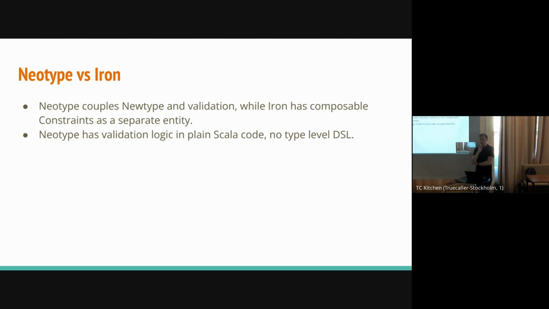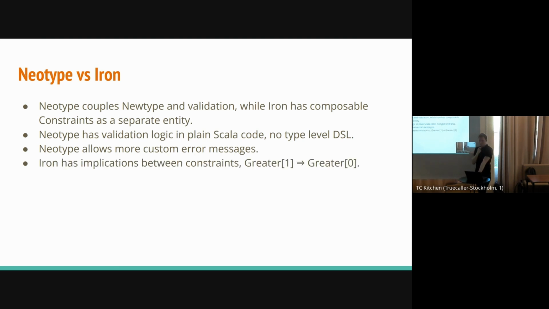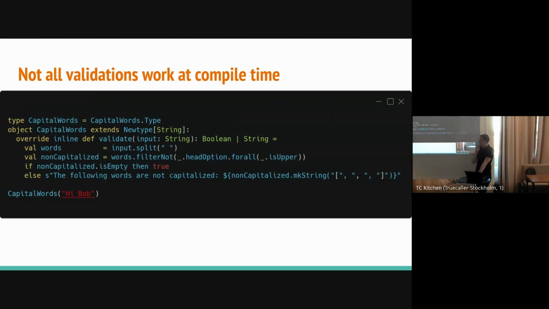You don't have to learn a type level DSL. And in Neotype, you can have more user-friendly custom error messages. But Iron has something that's pretty cool: you can have implications between your constraints. I'm going to show another example of that later.